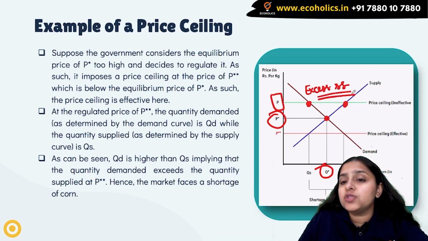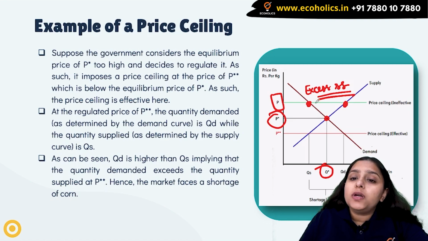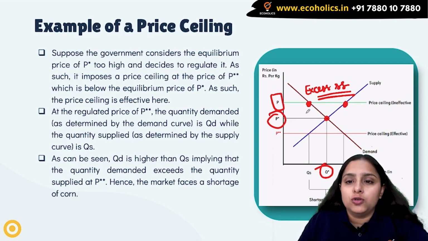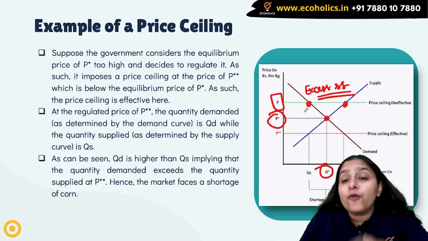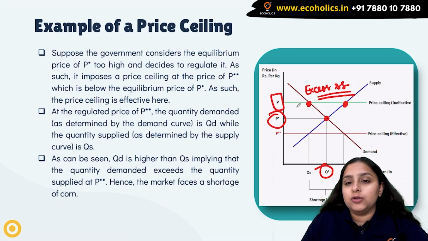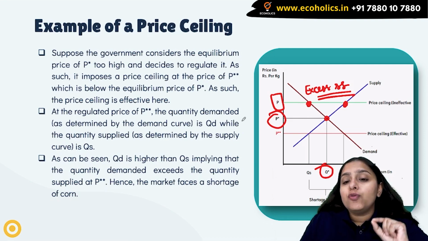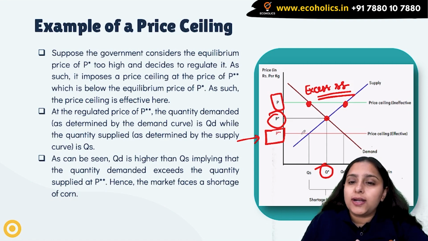Here producers will be willing to supply more, but consumers have reduced their demand. You wanted prices to come down so that they can afford the necessity goods. So instead of that, we will be imposing the price ceiling at a level lower than the equilibrium price. At this level, this is the supply, and this is the demand.